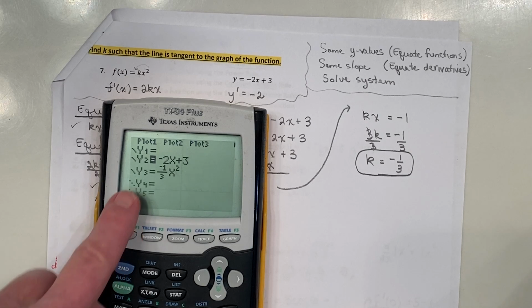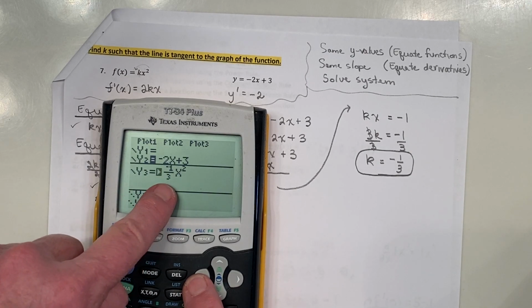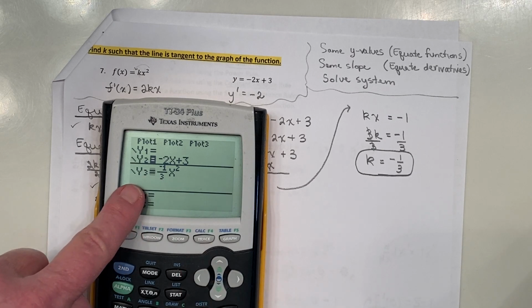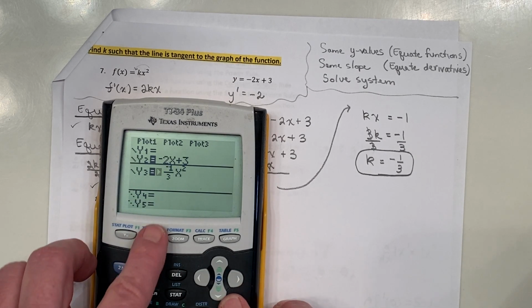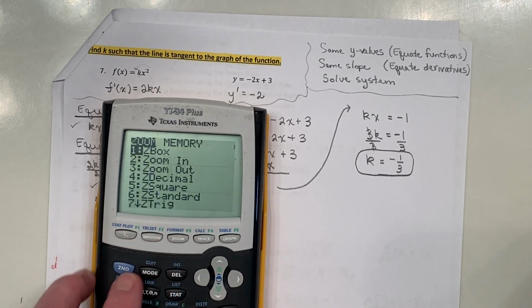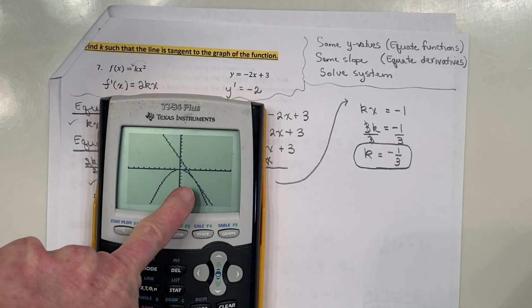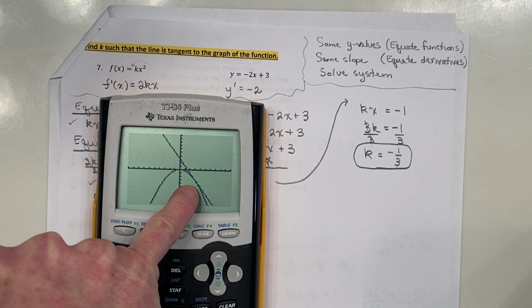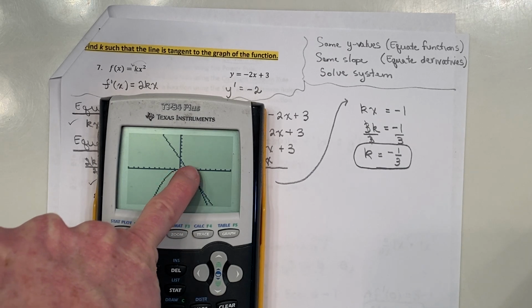And did I not have that on? Oh, I do not have it on. The equal sign is unbolded, so that means it's stored in here, but it won't graph. So I arrow on top of the equal sign and press enter, and it turns the equation back on. Let me adjust my window. I'm going to do a zoom 6. All right, there's -2x plus 3 and -1/3 x squared. Yep, looks like this line is tangent to this graph at the x coordinate I think we found, 3. 1, 2, 3, yep.